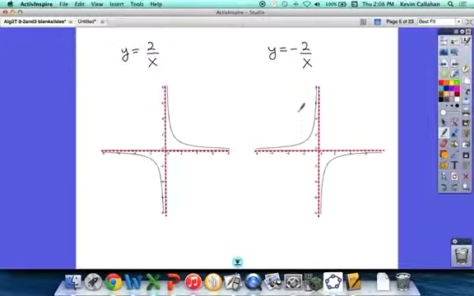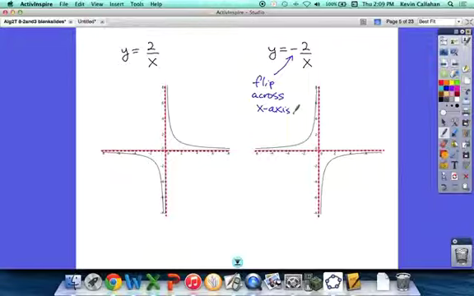It didn't change the asymptotes, so it didn't change the domain or the range. It just means you would sketch your branches flipped. I'll write that in. Flip across x-axis.